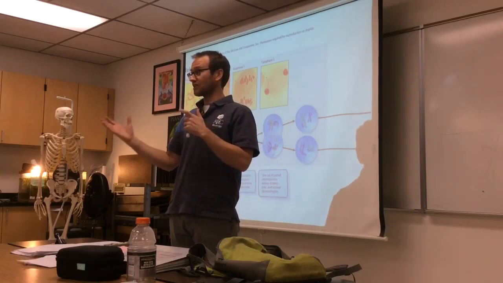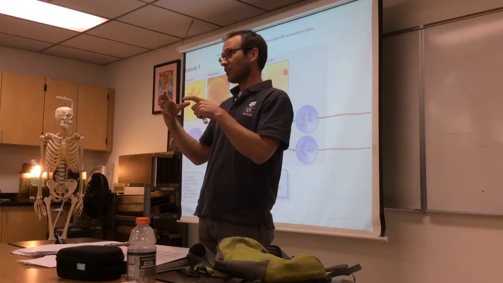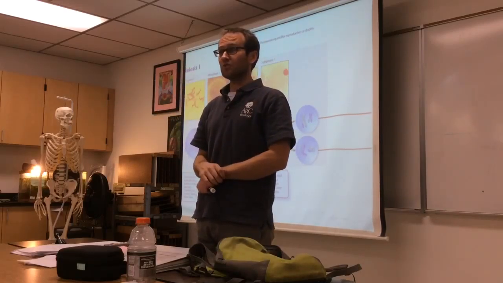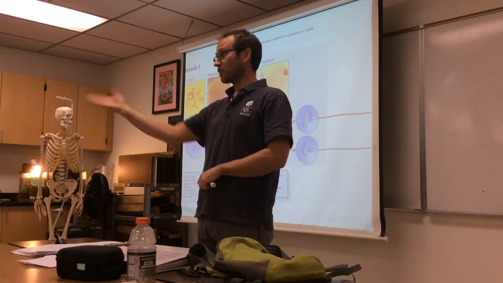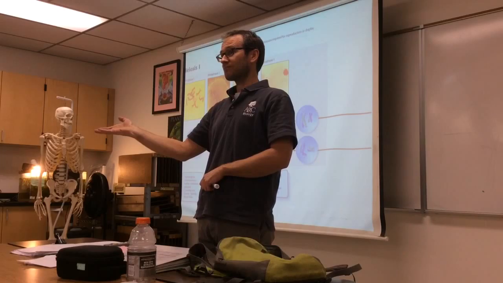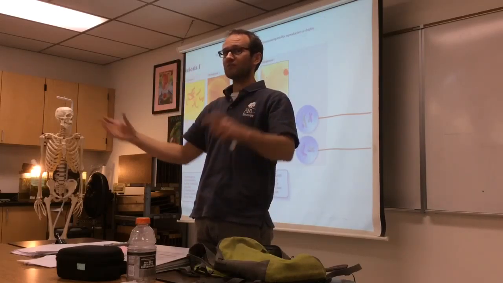So those are the key elements of meiosis. It's taking the DNA of one cell, scrambling it up, and then partitioning it out into 4 different cells. And the first step before that, of course, is you have to replicate the DNA. So you replicate it, you scramble it, you partition it, and that's meiosis.